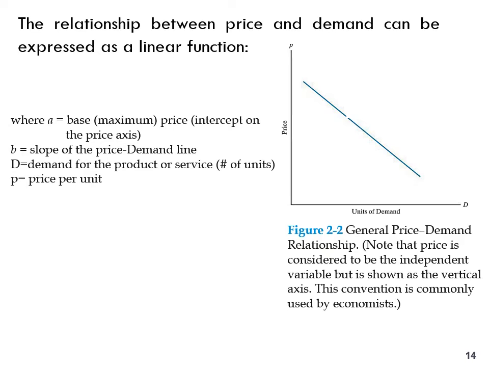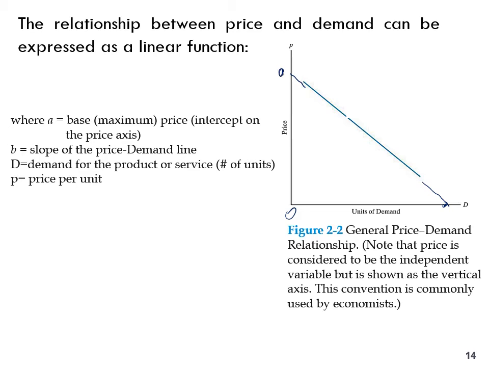Consider this graph, and assume that it intersects here at a price level of A. I mean, you increase the price until point A, and when the price is A, there is no demand at all. Demand is 0. If you continue to increase the price, it intersects the price axis here.